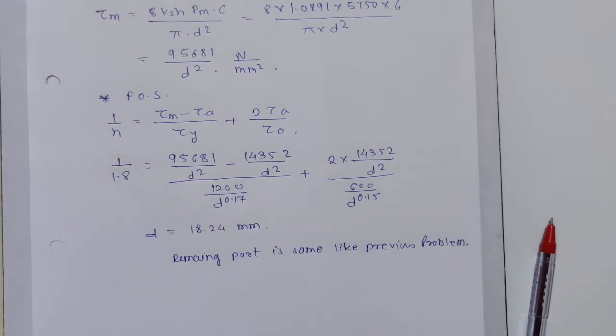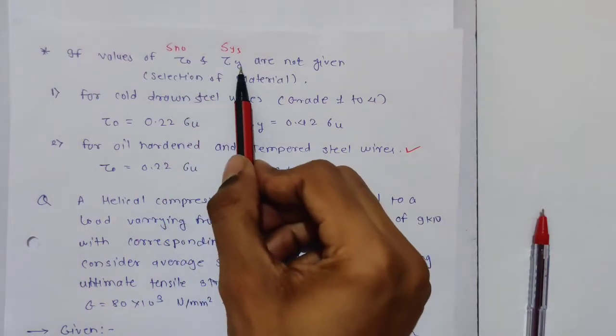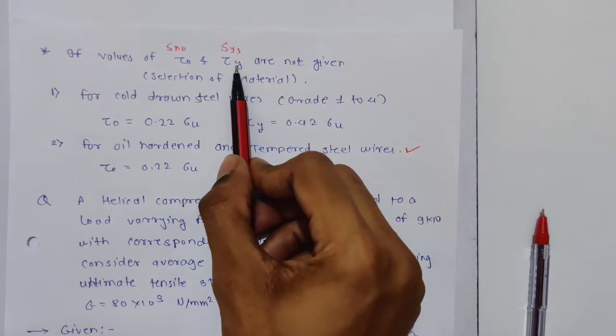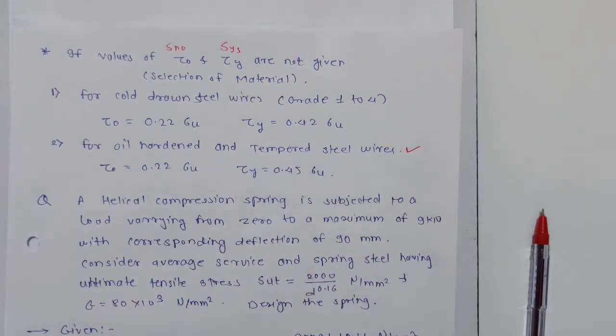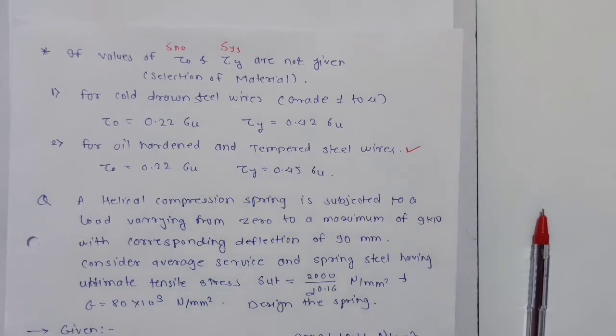Alright, so let's move to the second problem. Before going to the second problem, there is one note. In some problems, they don't specify the values of tau 0 and tau y, or they don't give these values. And in some problems, they say choose the appropriate material or choose the material for the spring. So here is a selection criteria of spring. It is given in the Bhandari book.